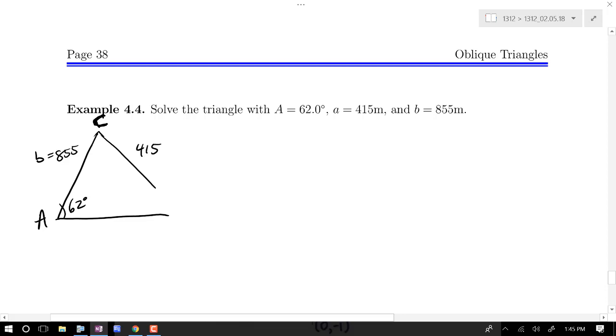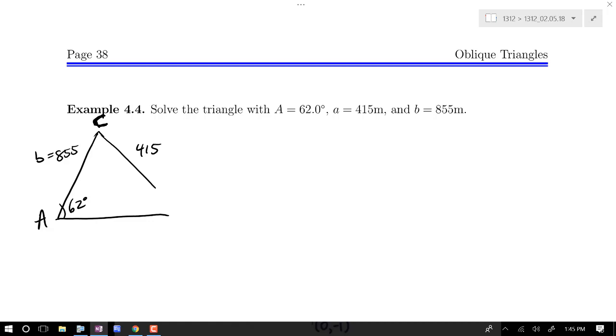I know that I am in the ambiguous case because they've given me two sides and the angle opposite. So I have one matched pair, and then I have another stray side thrown in. That's basically when I know I'm in one of these cases where I don't know how many triangles this could define, if it even defines one at all.